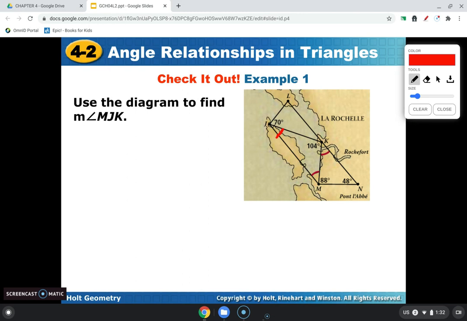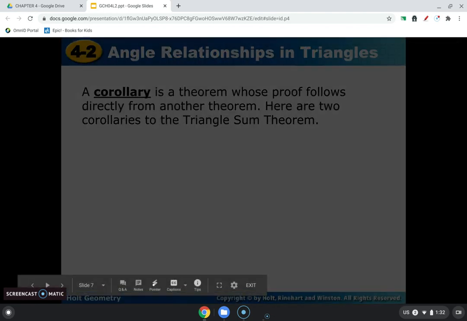Subtract that from 180. So that would make this angle 44, which means this angle also has to be 44. So 104 plus 44 is 148. And then that leaves 180 minus 148, 32 degrees for your answer. So use the things that we've learned about angles and go from there.